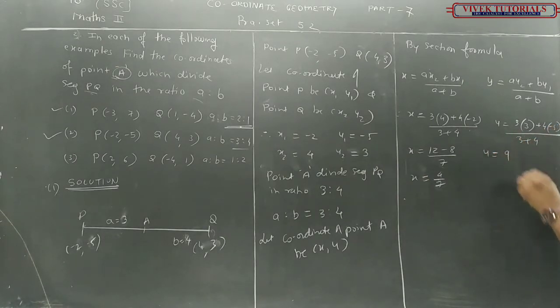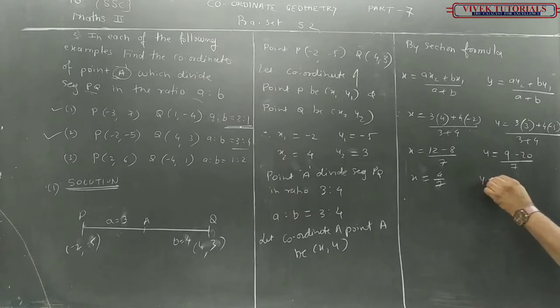So y is equal to 9 minus 20 upon 7. So y is equal to minus 11 upon 7.